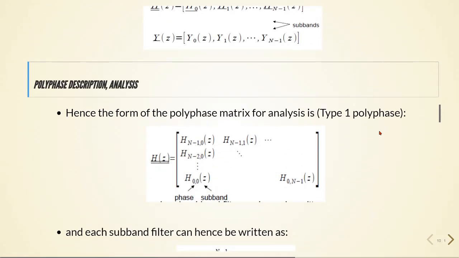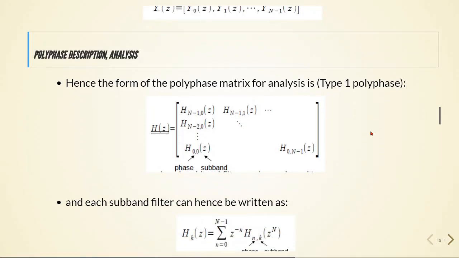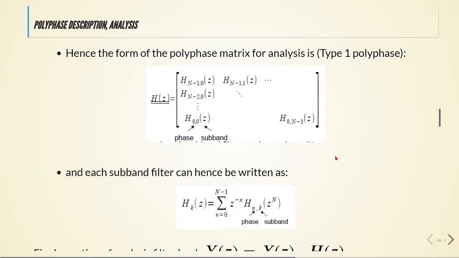The form of the polyphase matrix for analysis, this is a type 1 polyphase, is given here, and we have a phase and subband indices. Each subband filter can be written by this sum here. This is the phase and this is the subband, and a sum going from n equals 0 to N minus 1.